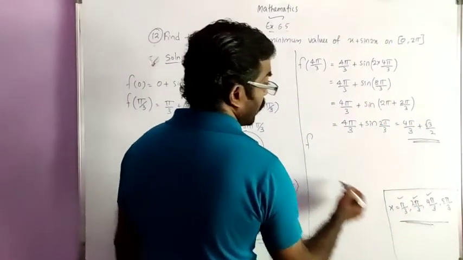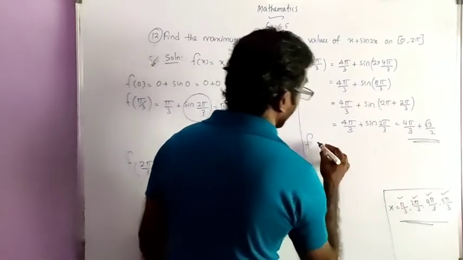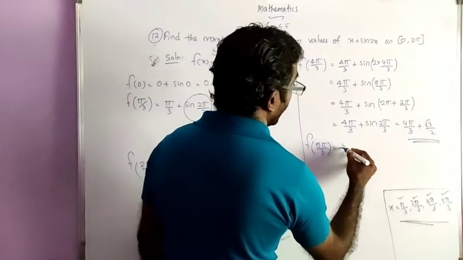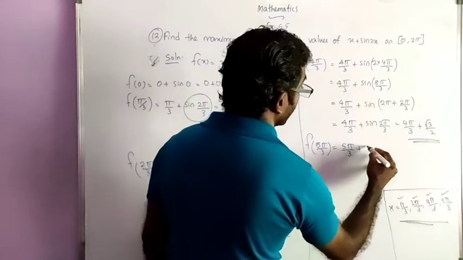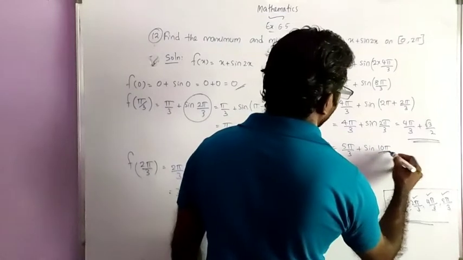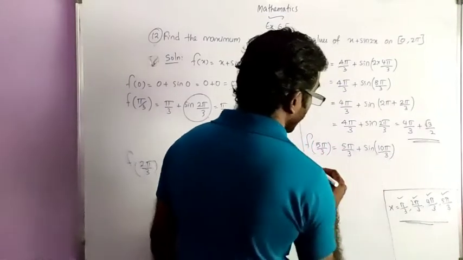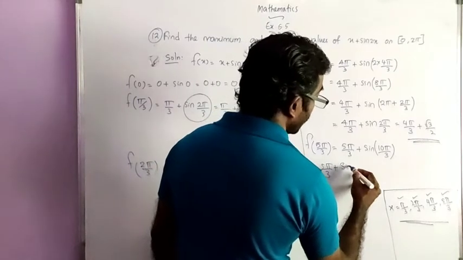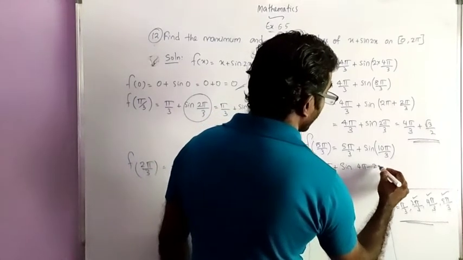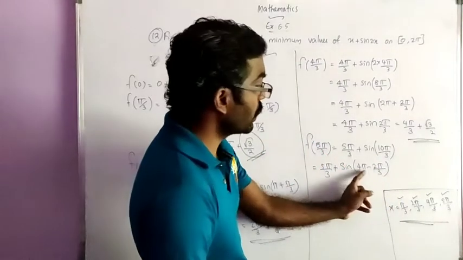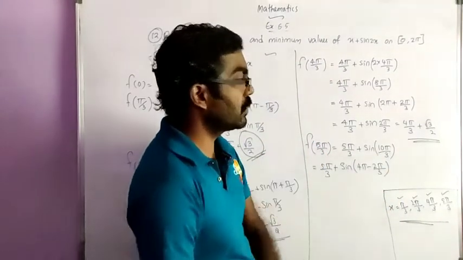Then f of the next value 5 pi by 3. F of 5 pi by 3 is equal to 5 pi by 3 plus sine of 2 into 5 pi by 3, that is 10 pi by 3. Which is equal to 5 pi by 3 plus, this can be written as sine 4 pi minus 2 pi by 3. 3 4s are 12, 12 pi minus 2 pi is 10 pi.